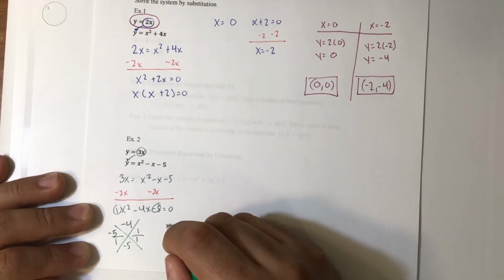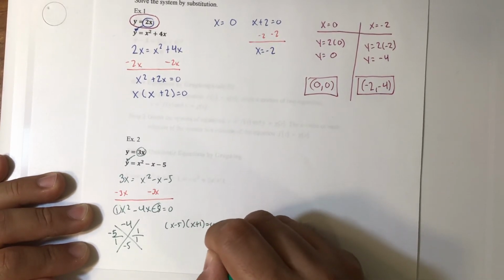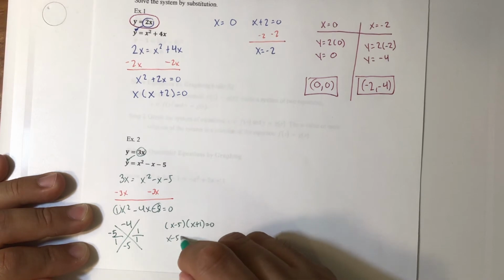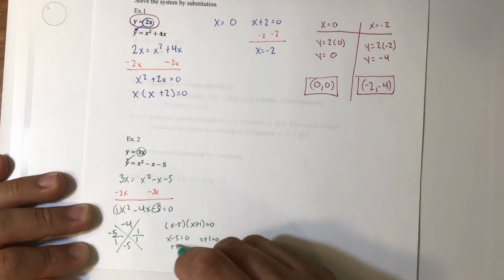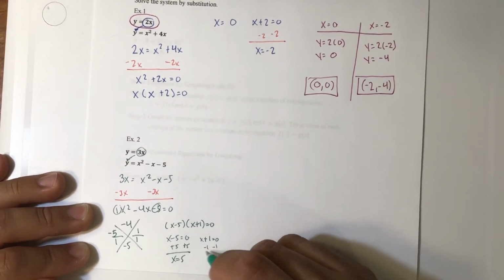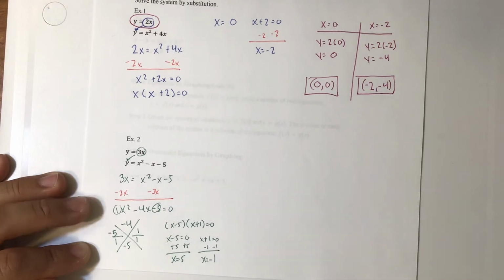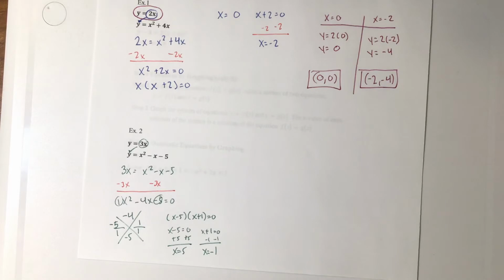So this factors to x minus 5 and x plus 1. We set each one equal to 0 when we solve. So this one we add the 5. So x equals 5. Here we subtract the 1. X equals -1.